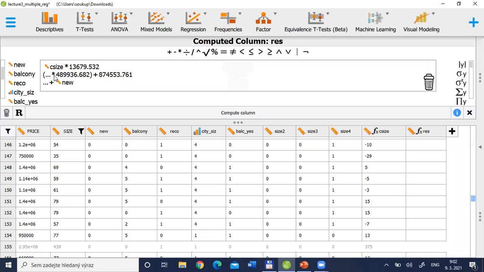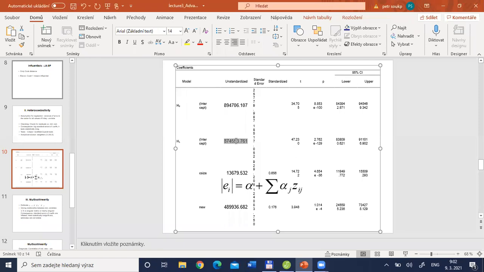I don't know why JASP is including these strange... Oh, that's not correct. So once again, I will try to erase this one. And once again, I would like to get C size multiplied by coefficient.